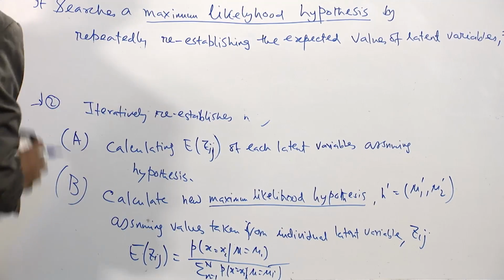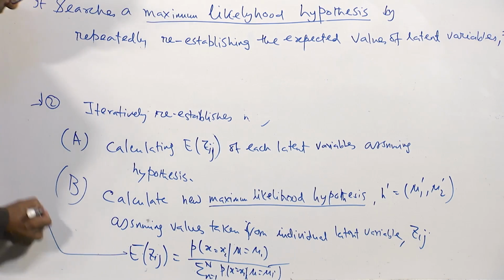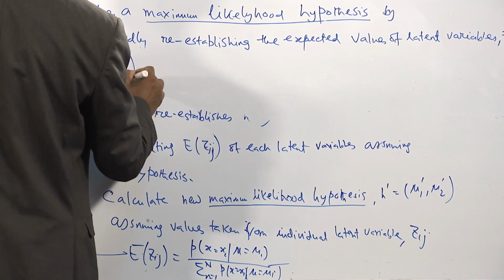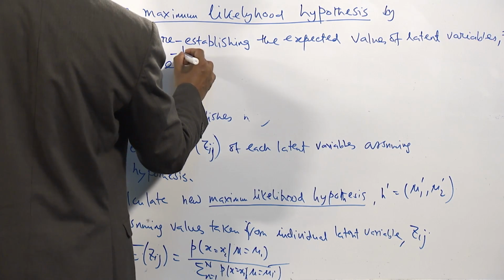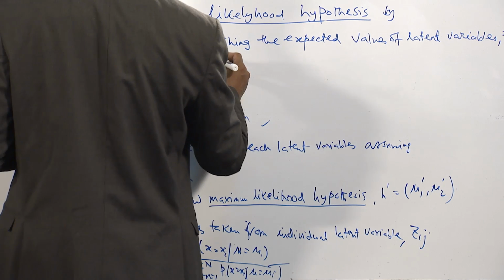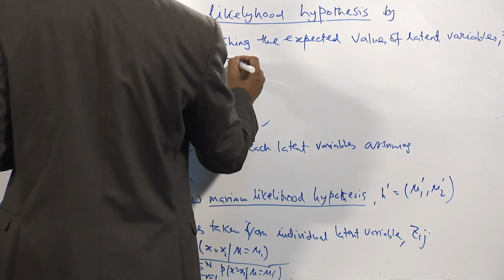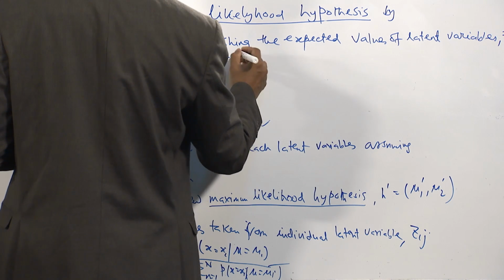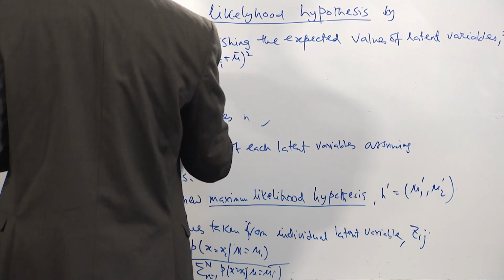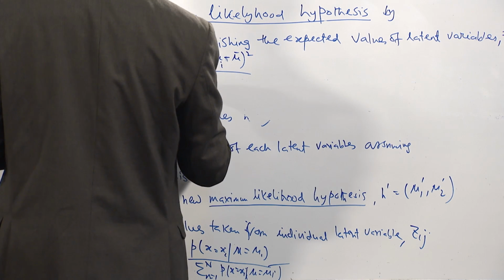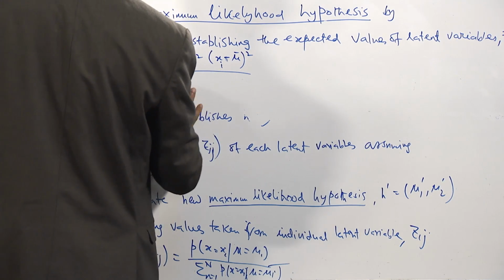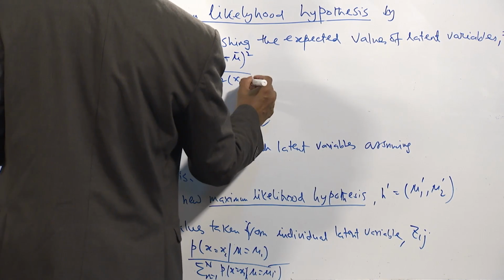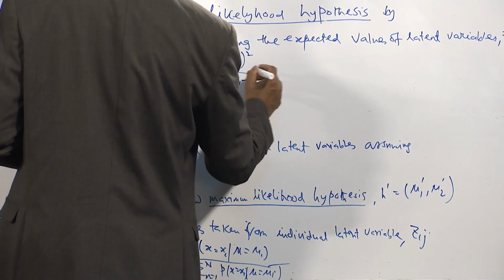This function that we have written here can be converted in terms of exponential minus, remember this, all of you should know this, x i minus mu squared, divided by the summation n is equal to 1 to n of exponential of x i minus mu squared.